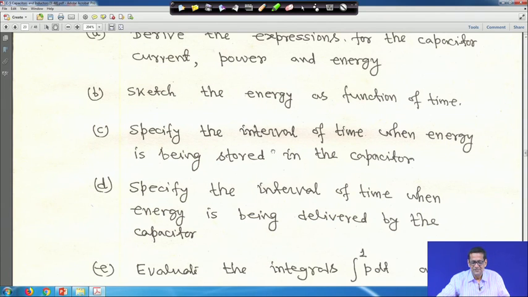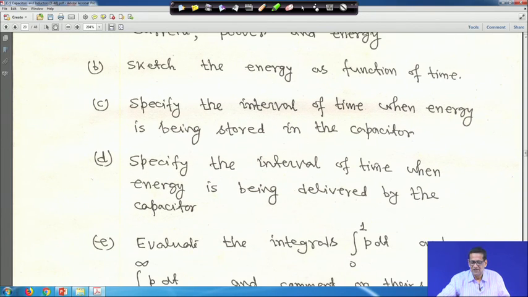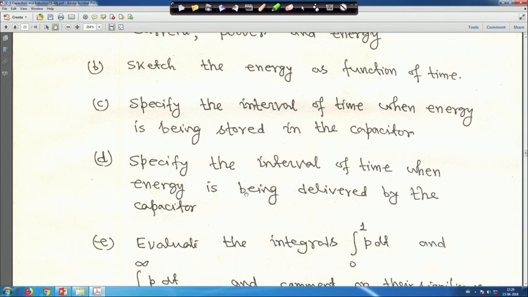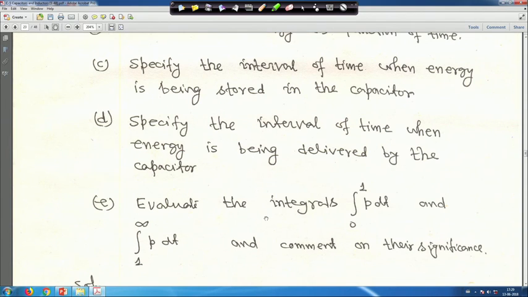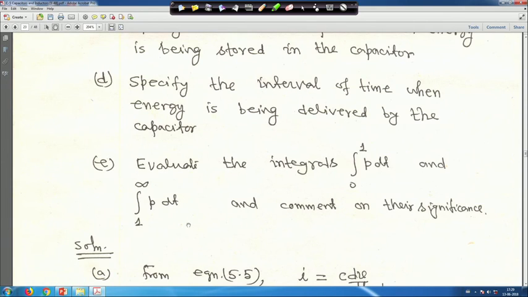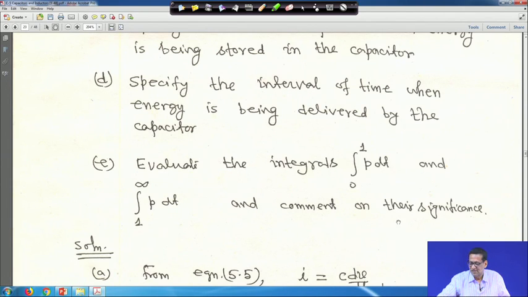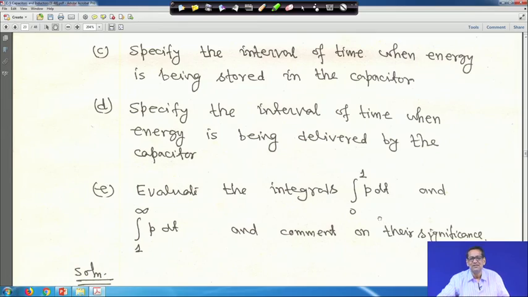C, specify the interval of time when energy is being stored in the capacitor, or specify the interval of time when energy is being delivered by the capacitor. That also we will see, based on certain convention, we will find easily. Evaluate the integrals 0 to 1 p dt and 1 to infinity p dt and comment on their significance. So, thank you very much, we will be back again.